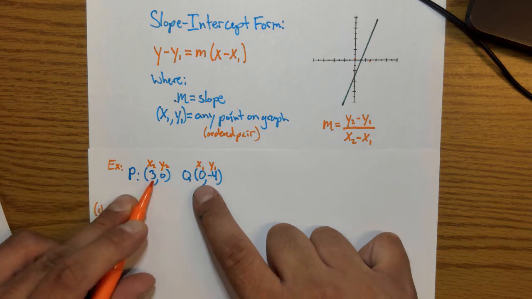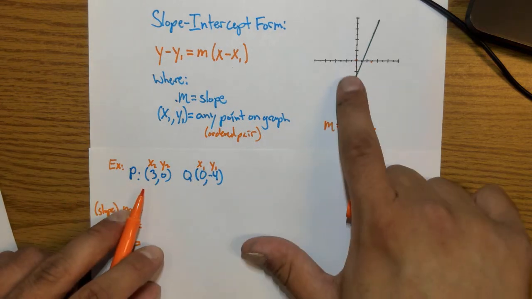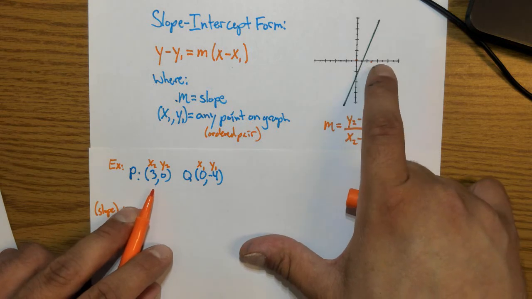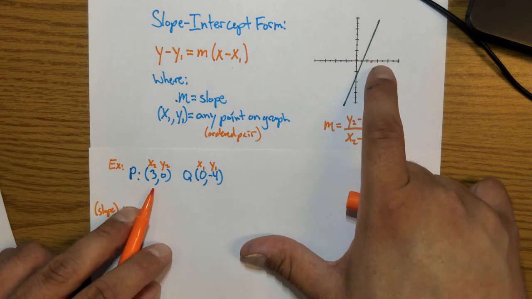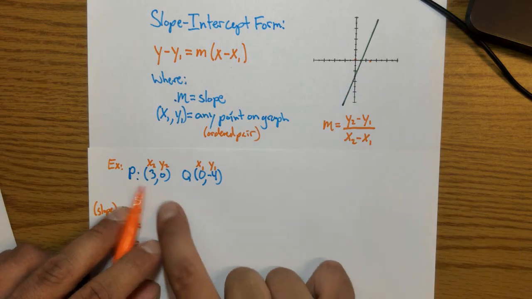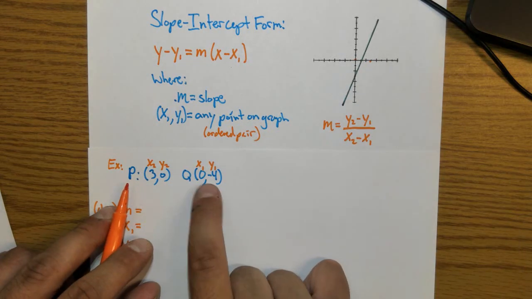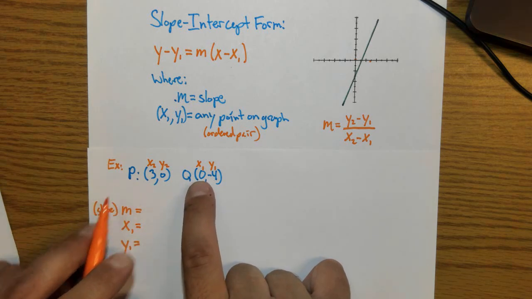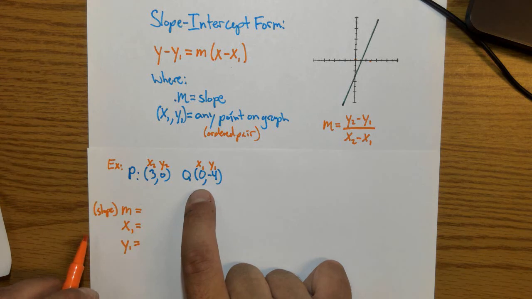That's our x value. The greater the x value, the further right we are on the number line. That's how I knew this point was to the right of this point, because 3 is greater than 0. But like I said, you'll get the same answer for your slope either way.